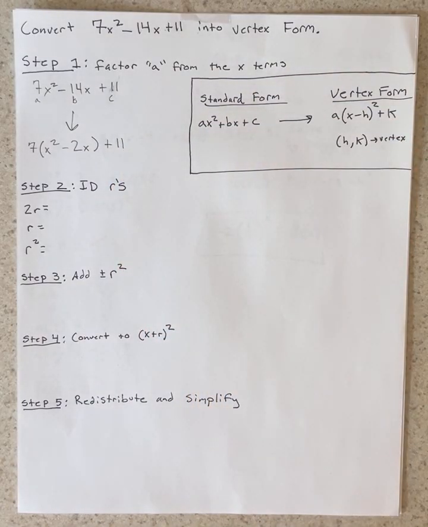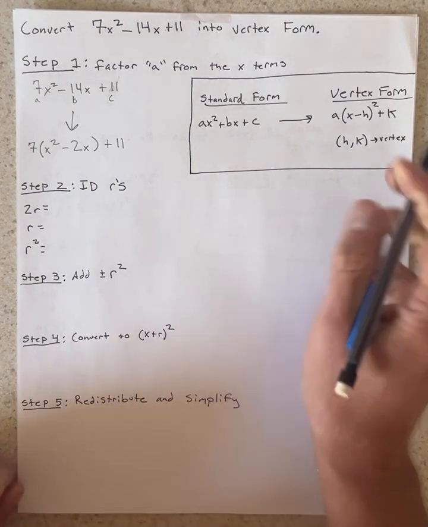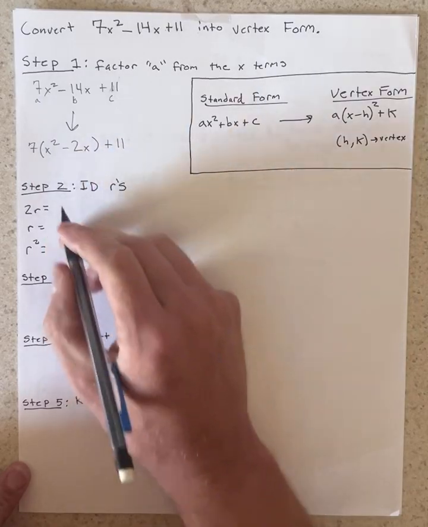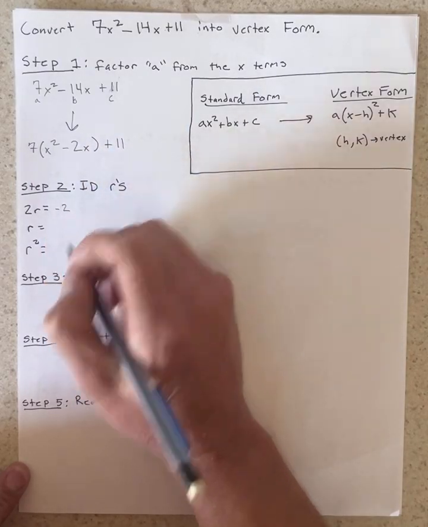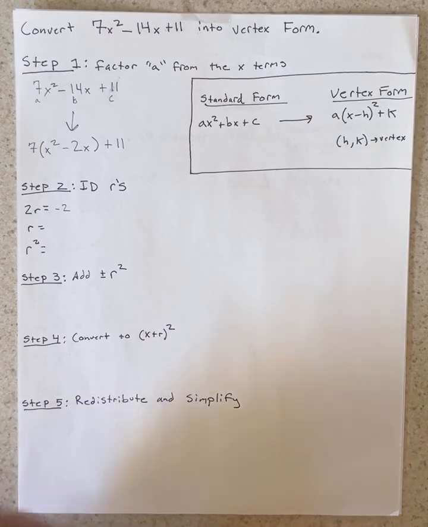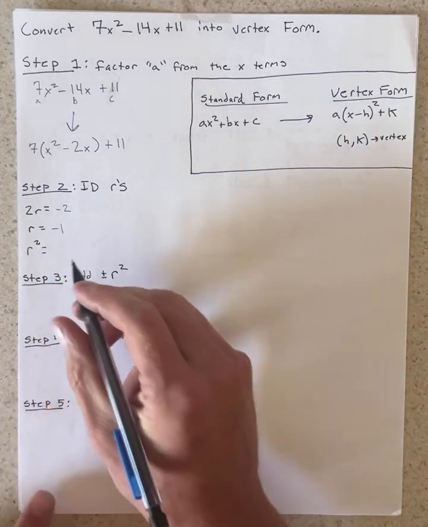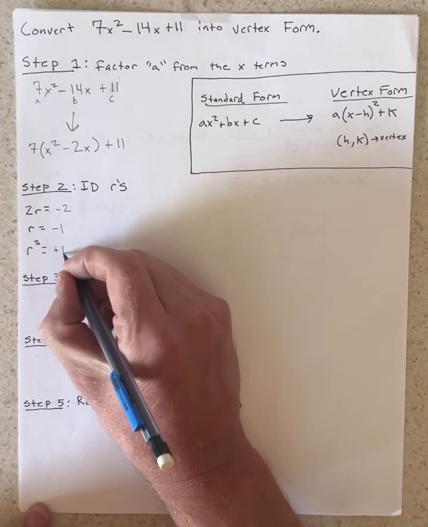Once we've factored out that a term, we can now complete the square. And so completing the square, what I need to do is identify my r's. 2r is always connected to the b term, and so I'm going to be looking inside the parentheses, and my 2r is going to be negative 2, which means half of negative 2 is negative 1, and negative 1 times negative 1 is positive 1.